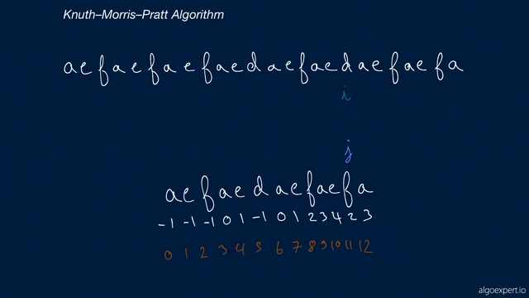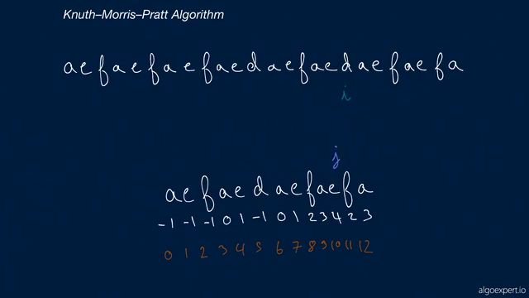This E. This tells us that these 5 characters here are a prefix just as they are a suffix for this big substring, right? Therefore, if we bring our J right here, it's the same thing as if we bring our J right here, right? The 4 characters before this E are the same as the 4 characters before this E.